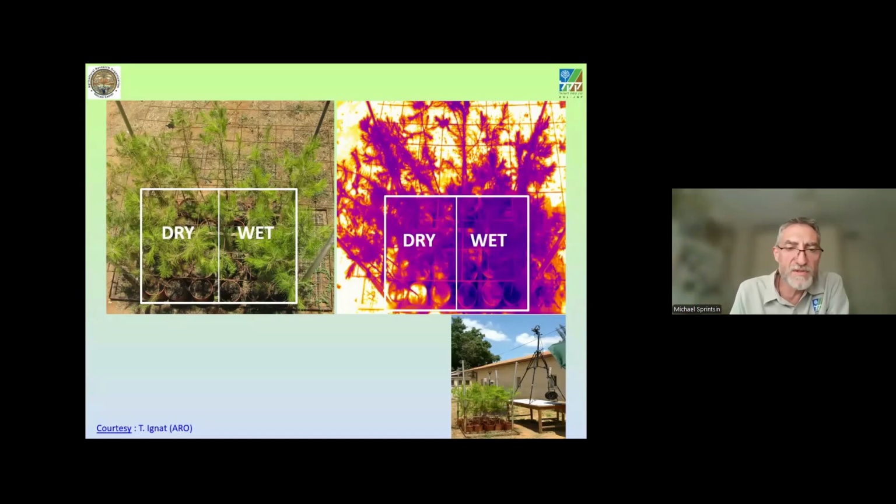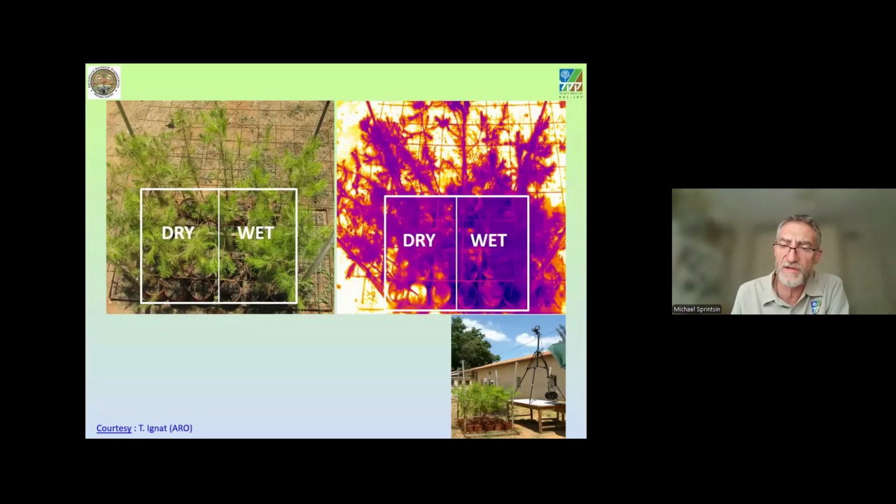So we took 24 saplings of Pinus halepensis, 12 of which we irrigated all at day 1 and then left for drying, and another 12 we irrigated each day until day 18.